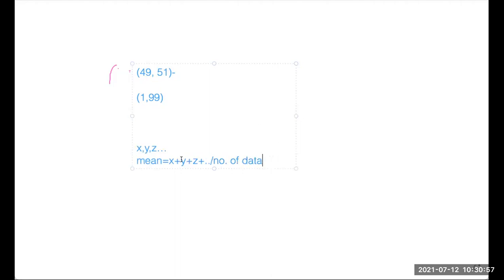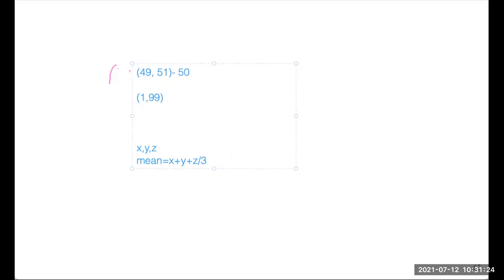How many data do you have? Let's say we have only 3 data, X, Y, Z. So here we divide by 3. That is the mean value. Okay. So can you tell me the mean value of the first data, 49 and 51? 49 plus 51 divided by 2. That is 50. Okay.